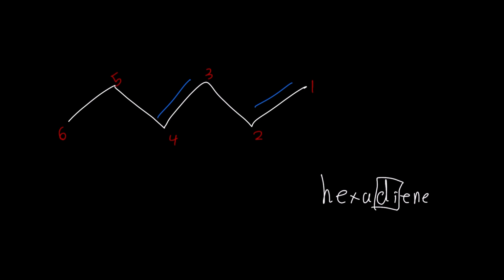Di means 2, and then the ene means the double bond. We also need to indicate the positions at which the 2 double bonds are. The first double bond on the right is in between carbons 1 and 2, but we're going to go with 1 because it's lower. The other one is in between 3 and 4, we're going to go with 3 because that one's lower. So it would be 1,3-hexadiene.